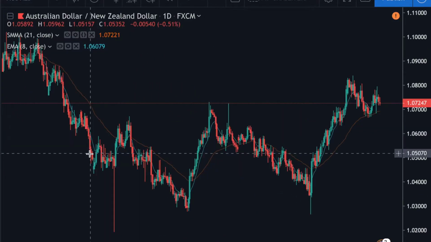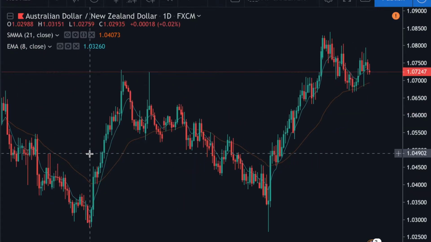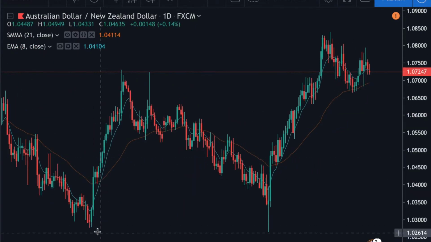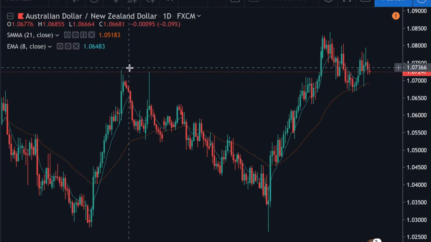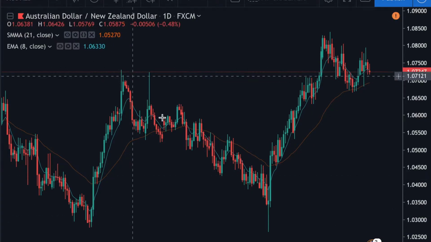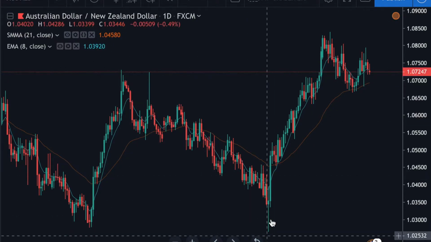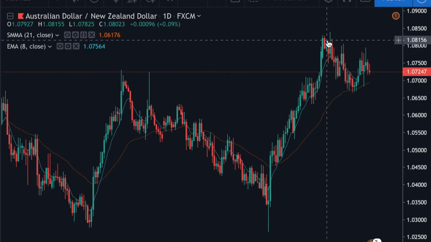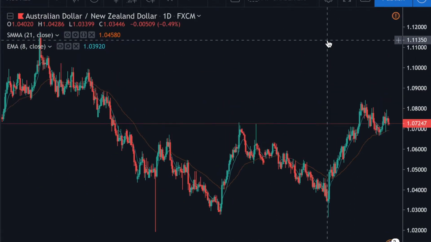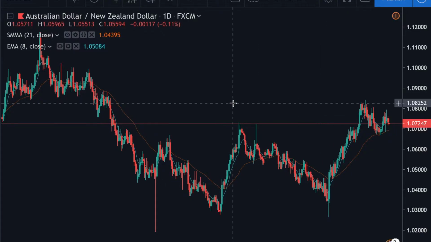Okay. The daily time frame is bullish. And we see here a push to the upside, push to the downside, and here a massive push to the upside. But my top-down analysis said that the currency pair is bearish.